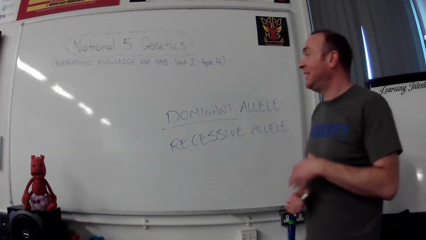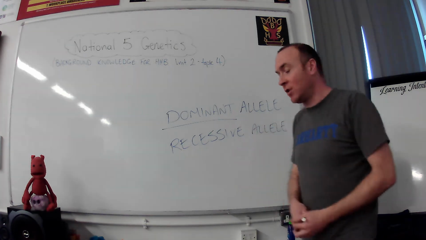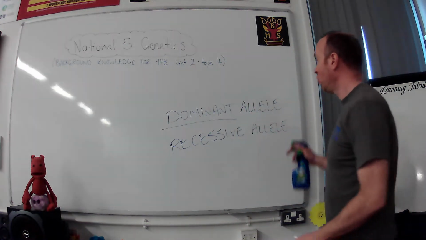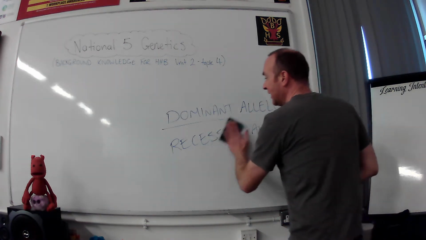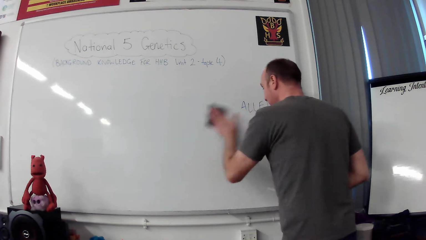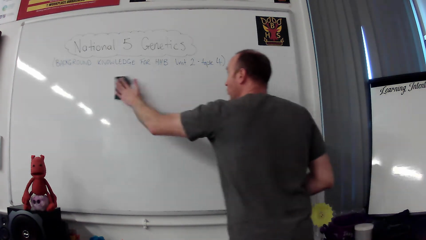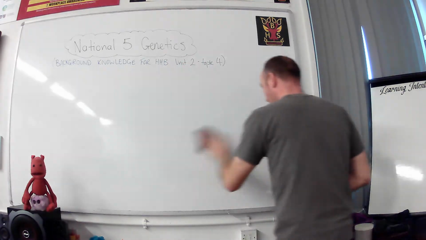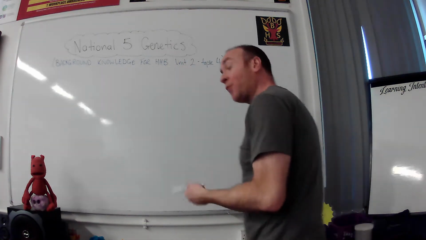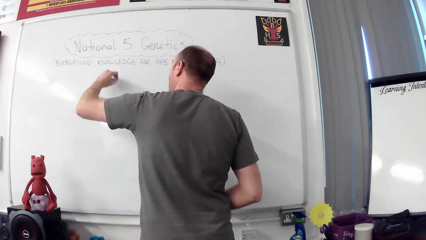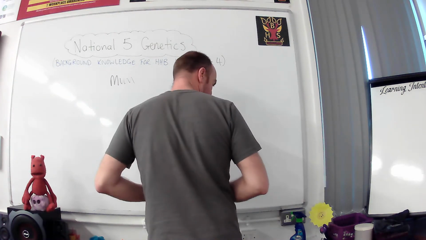Now, I'm going to demonstrate that using my own family tree, to try and show you how left and right-handedness is inherited. I am left-handed, probably you'll know that, but both my parents are right-handed. My mum is right-handed.